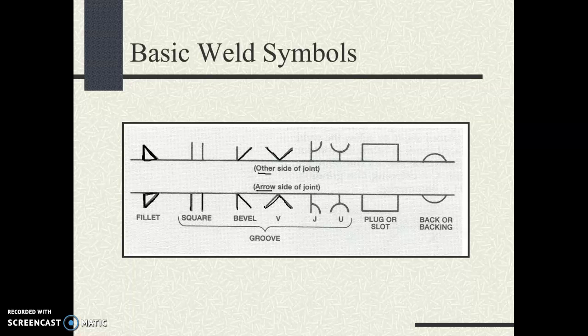When it's on the arrow side, it's an inverted V. Then we have the J groove, a vertical line with a little quarter circle arc attached to it. And then the U shape is a short little vertical line with a semicircle attached to it. This rectangle symbol is used for plug or slot welds, and then a semicircle with no vertical line here is used for back or backing welds.